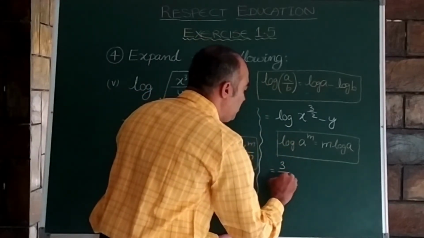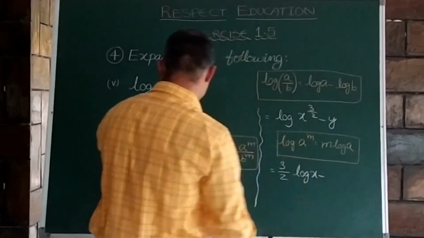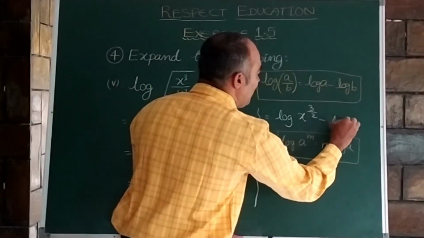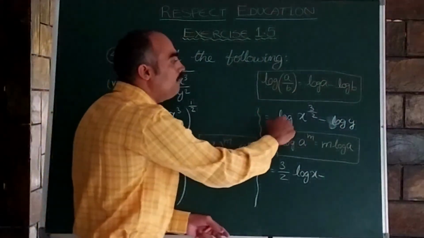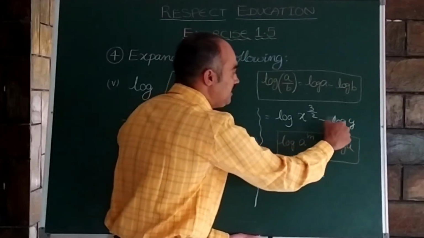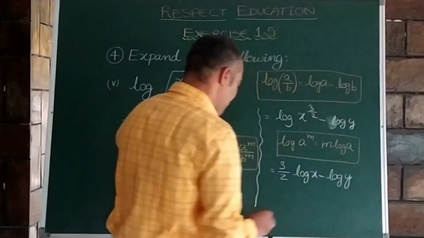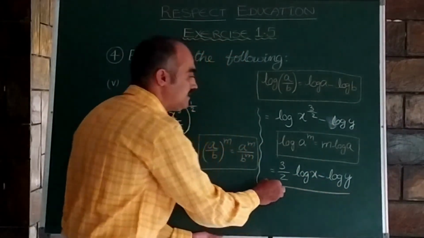It is 3 by 2 times log x minus, here I forgot to tell you something, it is not single y, it is log y. Because log a by b is log a minus log b, this log y comes as it is. So 3 by 2 log x minus log y is the final answer for this bit.